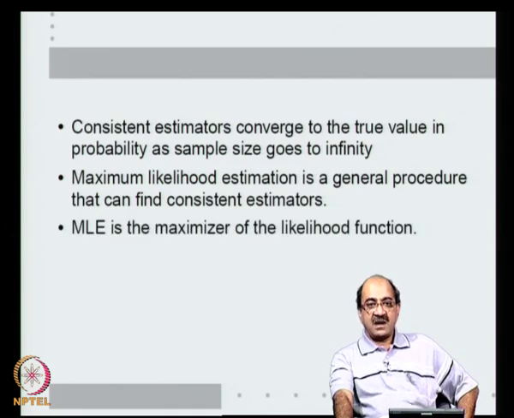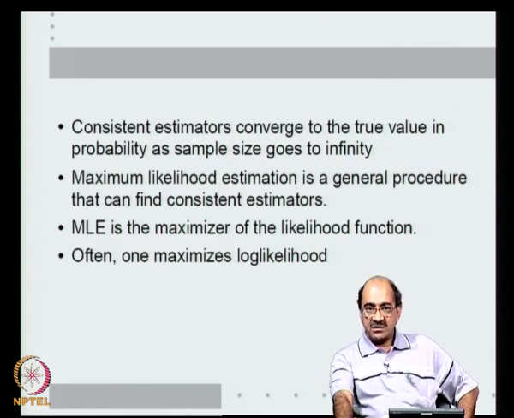MLE is the maximizer of the likelihood function. Often one maximizes the log likelihood, just for convenience in maximization, and for many standard densities one can obtain the maximum likelihood estimate through simple analytical means. Thank you.